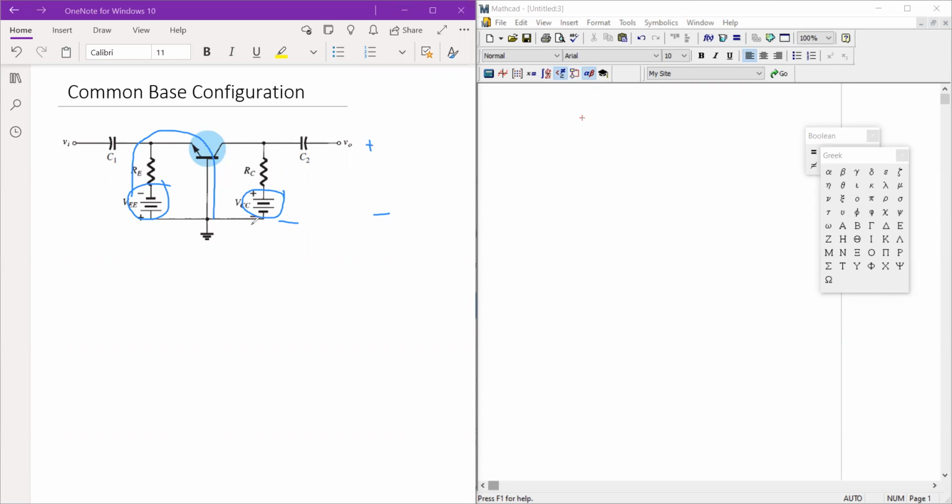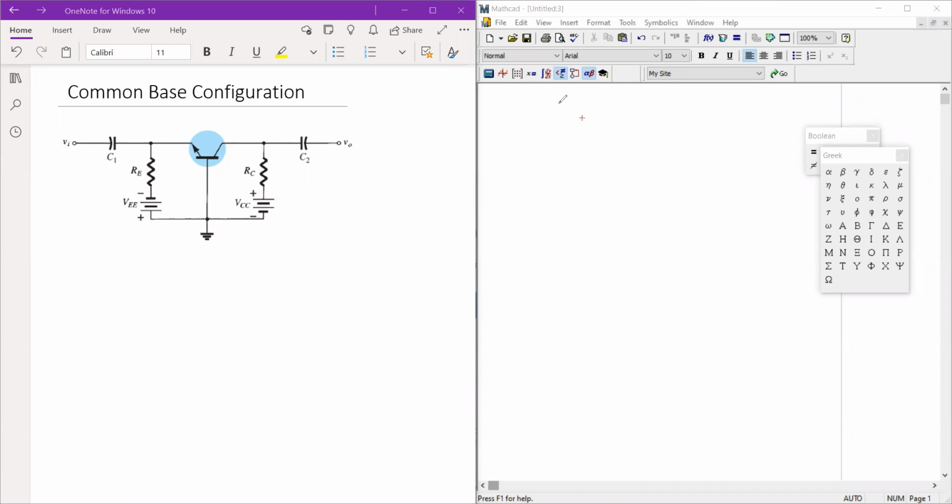Whereas for VCC, this will force our base collector junction to be in reverse bias condition. So putting this configuration again in the active region. What is active region? Kindly refer to the previous videos, probably the introduction to transistor operations. So kindly use our website to navigate or to select the videos.